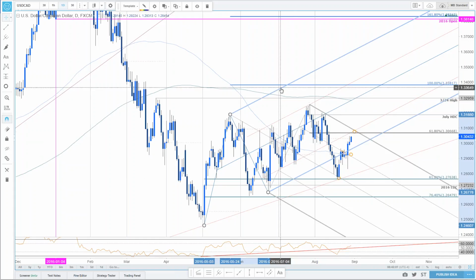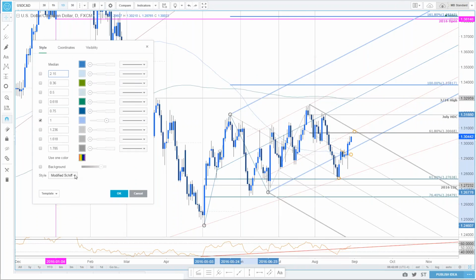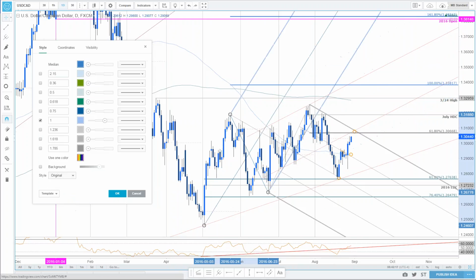This pitchfork, I think is what you're asking, is a modified pitchfork. If you go into it, you can find different types here. This is using the TradingView charting software, guys, which is free online. You can choose just a regular original pitchfork, which we were working with for just a couple of days until we peaked out there.